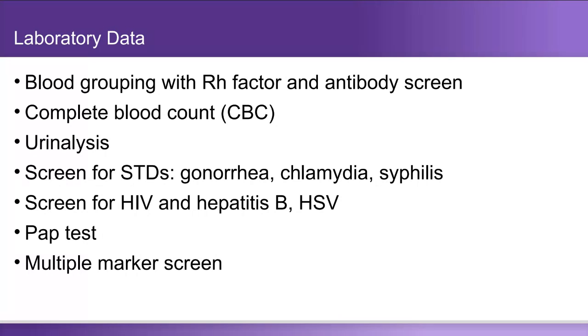But basically, with the multiple marker screen, you would draw maternal serum and determine, based on the serum results, the risk for having either a chromosomal anomaly or a neurological issue with the baby. So it's kind of a predictor test that says, yeah, this baby's high risk for spina bifida or this baby's high risk for Down syndrome. Now, it's just a predictor test.